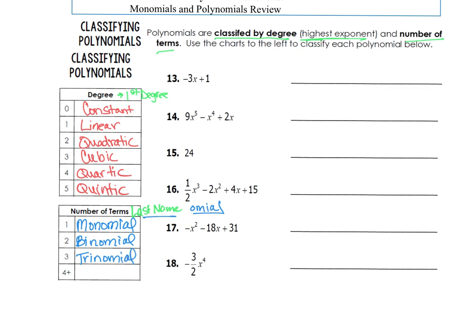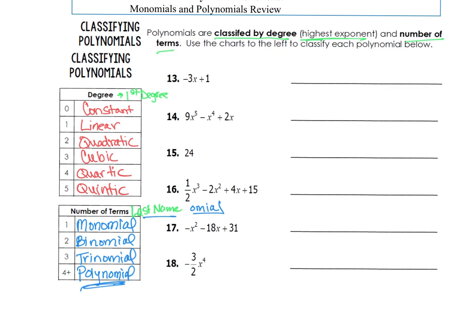And anything that has 4 or more terms, we quit giving it a specific name and we just call it a polynomial. Really generically, we do call everything a polynomial. It's used as a generic reference. But when we are asked to classify, we're being asked to be very specific. So it is important to use the right terminology.